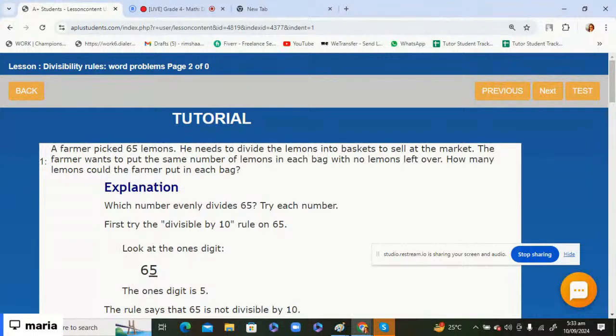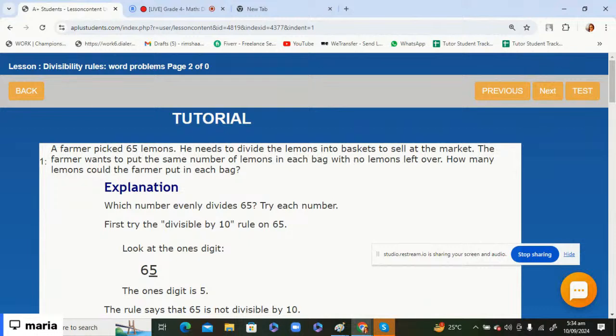A farmer picked 65 lemons. He needs to divide the lemons into baskets to sell at the market. The farmer wants to put the same number of lemons in each bag with no lemons left over. So how many lemons could the farmer put in each bag?